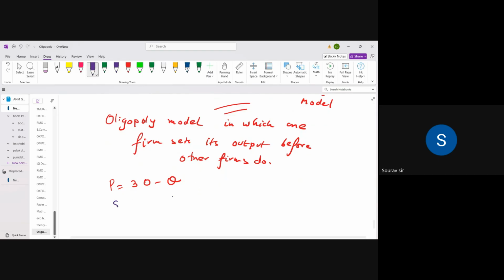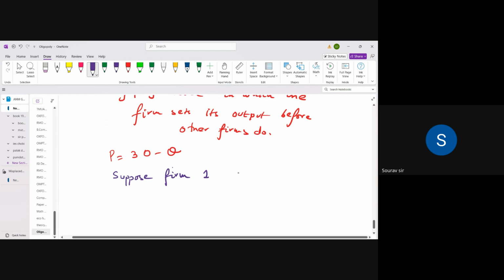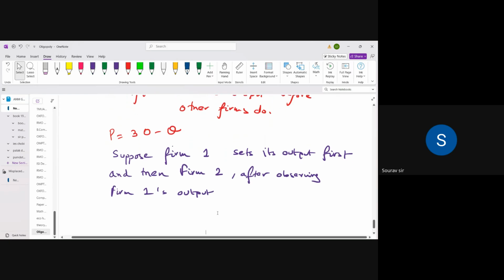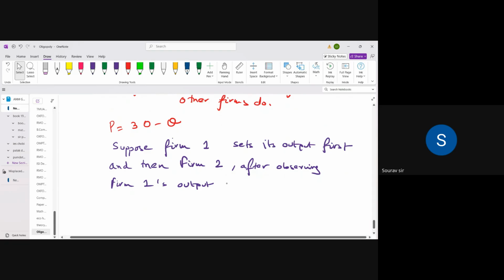Suppose firm 1 sets its output first, and then firm 2, after observing firm 1's output, will make its decision.